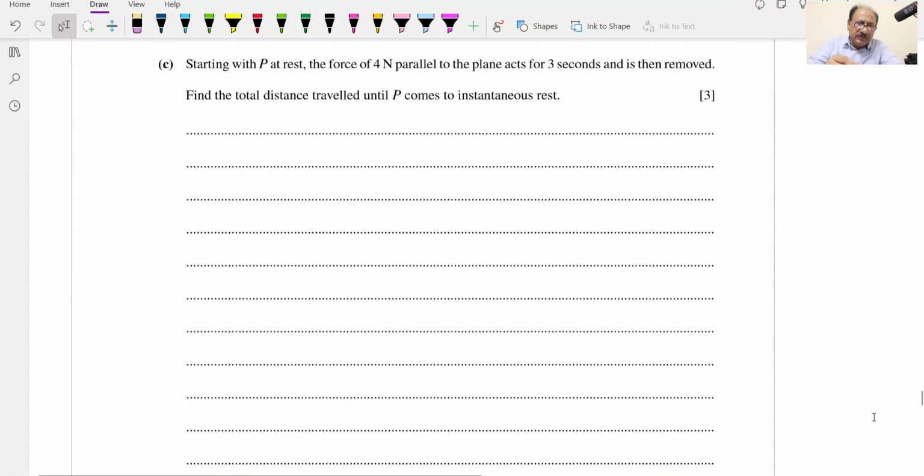C part says, starting with P at rest, the force of 4 Newton parallel to the plane acts for 3 seconds and is then removed. Find the total distance traveled until P comes to instantaneous rest, and this is a 3 marks question. We can write down the given data.